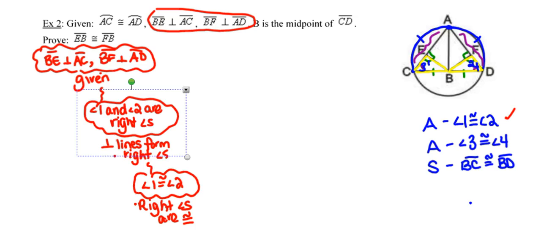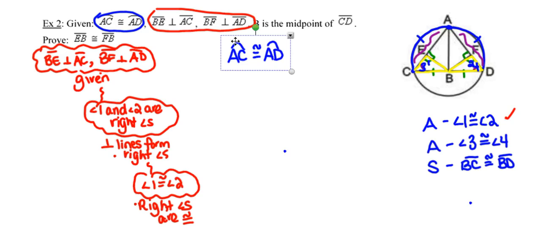So that's done. 3 and 4 were those little inscribed angles that I knew were congruent as a result of the arcs. So I want to go back and have a discussion about the arcs being congruent. And once the arcs are congruent, I know the inscribed angles that go along with those arcs are congruent also.